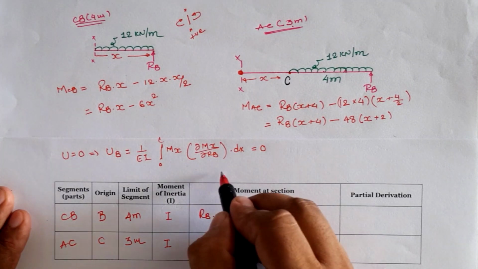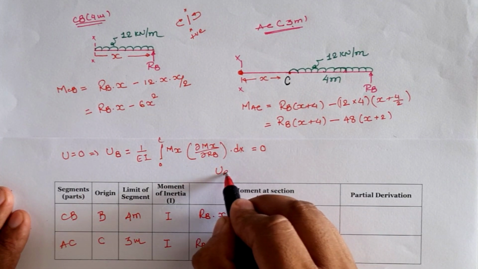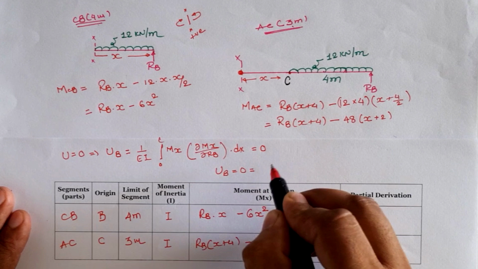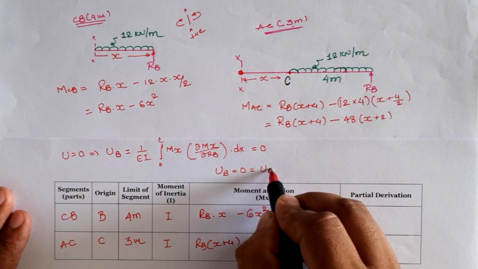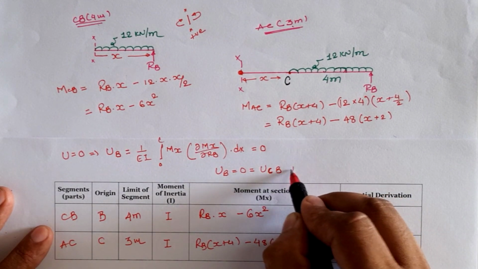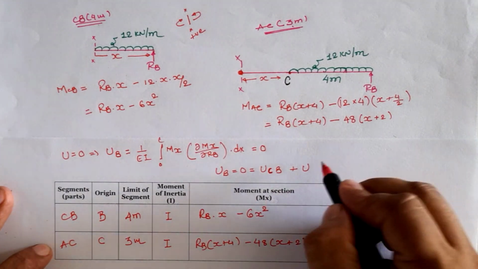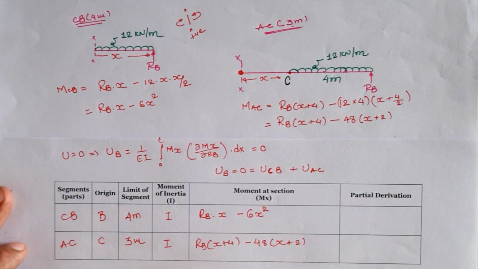According to the superposition theorem, the total strain energy at B is equal to 0, which is the segmental strain energy UCB and the segmental strain energy UAC in span A to C.